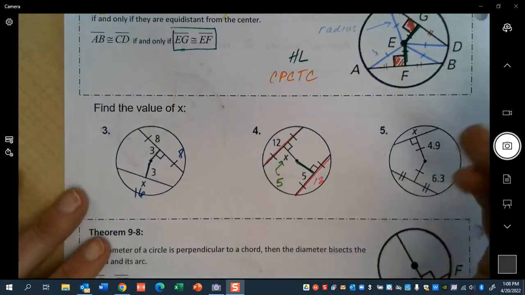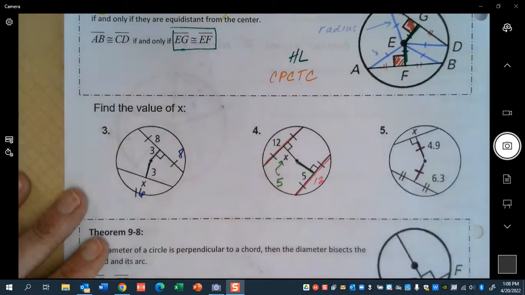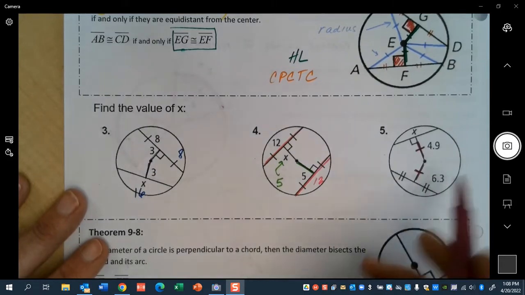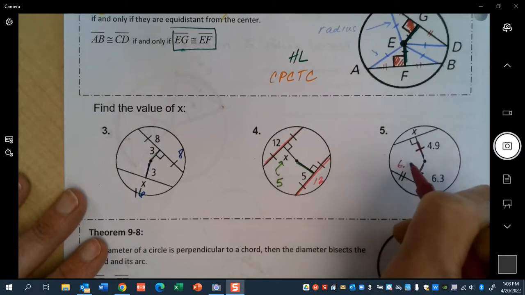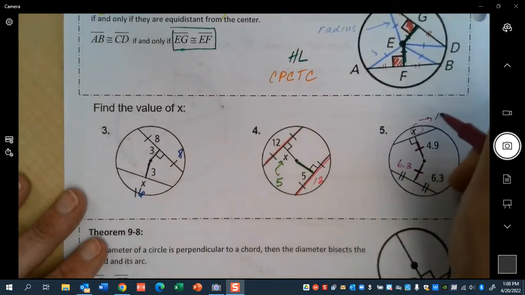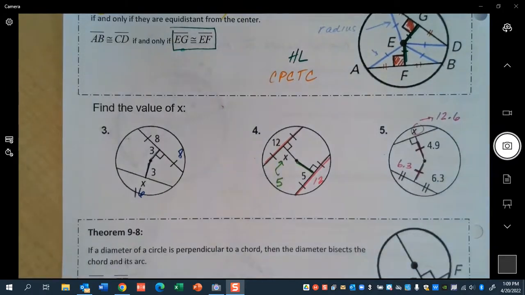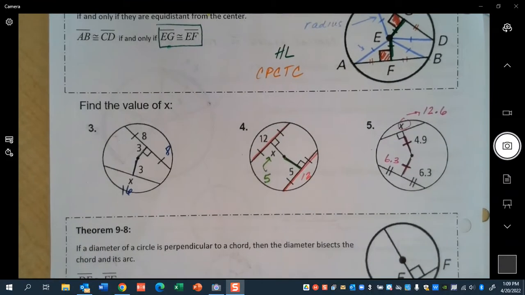And these markings become so important. If this is 4.9, so is this. These two chords are equidistant. So if this is 6.3, so is this. So that makes x equal to 12.6. You okay with that?